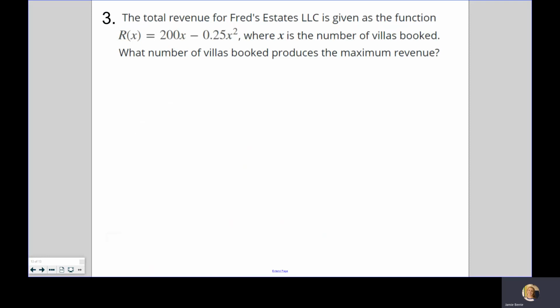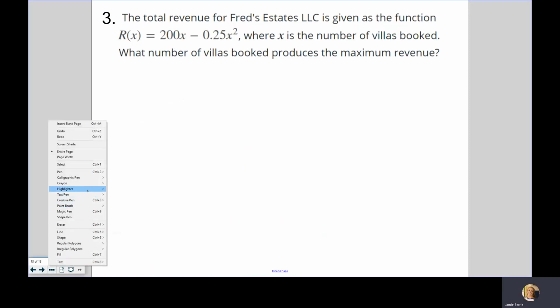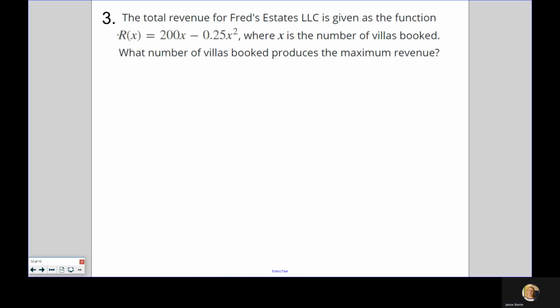Okay, so it says the total revenue for Fred's Estates LLC is given as this function here, r of x equals 200x minus 0.25x squared. That's our revenue function.